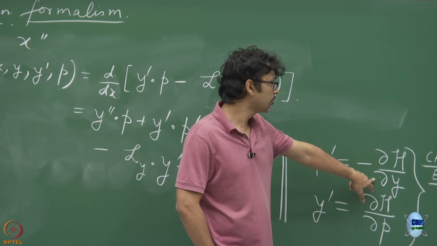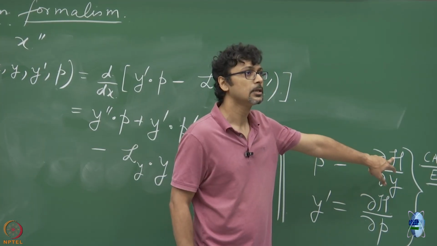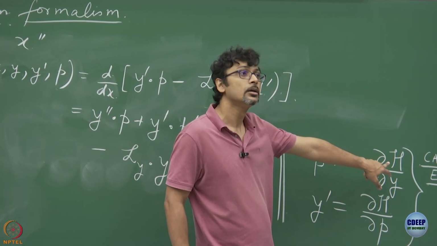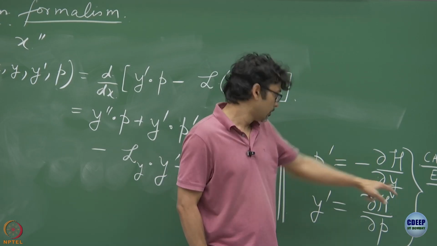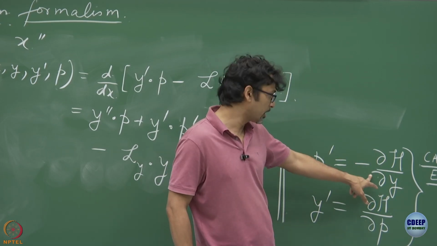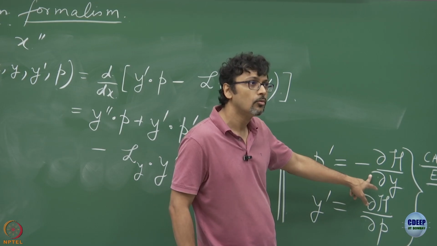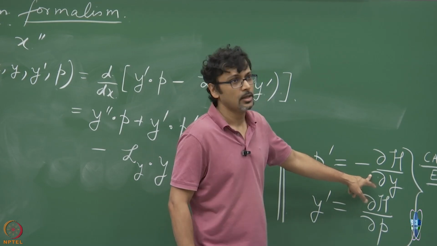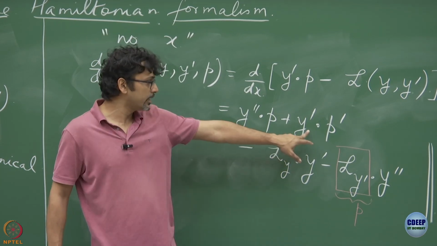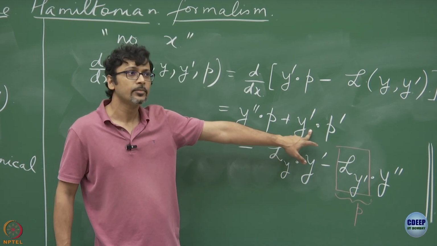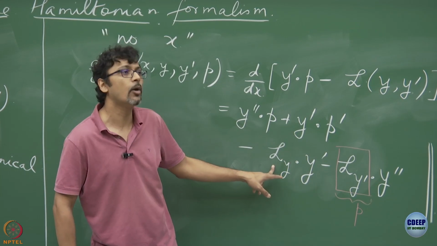The first term in the Hamiltonian is p dot y prime. No dependency on y in this, right? So p prime is essentially, in terms of the Lagrangian, what exactly? Ly, right? So now these two cancel each other out. Now you take the y prime common, dot product with p prime minus Ly.